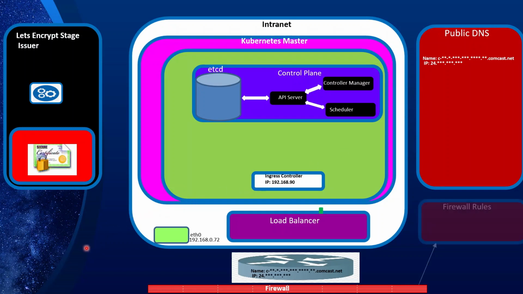And then we need to create a new firewall rule that allows traffic from port 80 into the Ingress controller. So that is the IP address of the Ingress controller. So when the request comes in, we need to allow it on port 80, and also forward that to the Ingress controller.